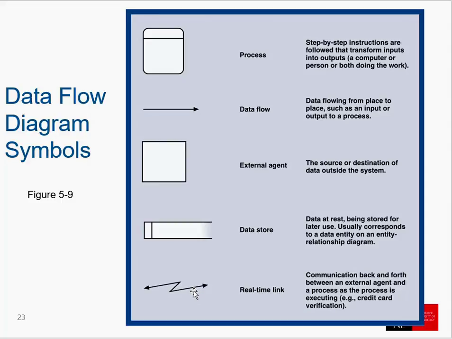For instance, sometimes when you execute something, we need to check credit verification from an external body. How are you going to represent that link with the external body? We use this zigzag double-headed arrow.